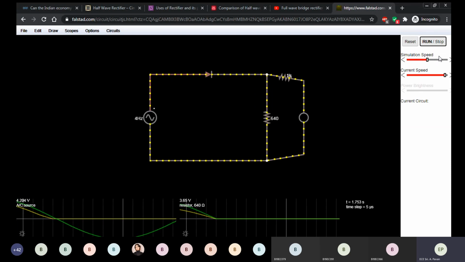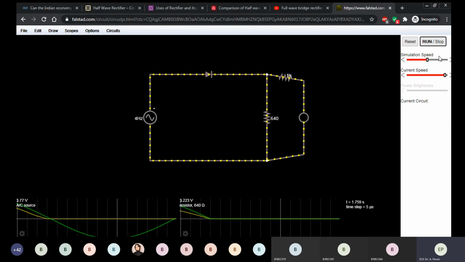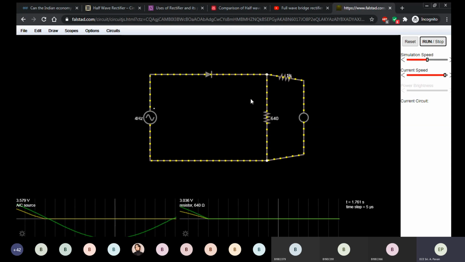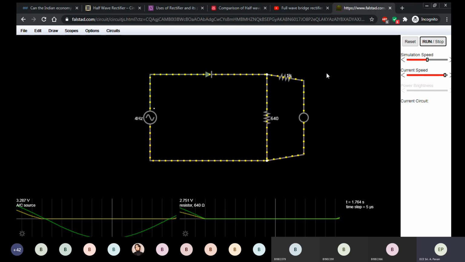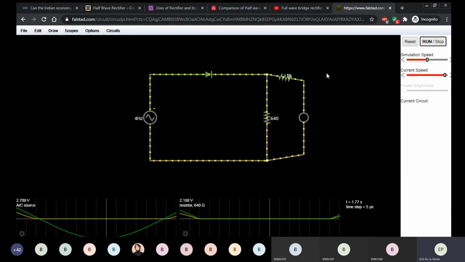It is off now. Observe very carefully. It is off. Why? Because the input is negative. Current is 0. No current is flowing. The diode is off. The LED is off.